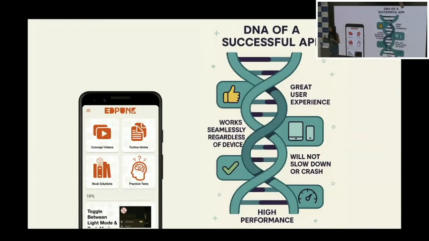Your app needs to provide a great user experience. It needs to work seamlessly regardless of the device you use. Whether you have an MI phone, a Samsung phone or an iPhone, it has to work seamlessly. It should not slow down or crash while you are using it. And it has to be highly performant.